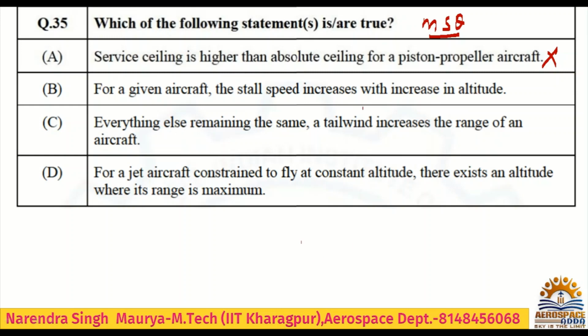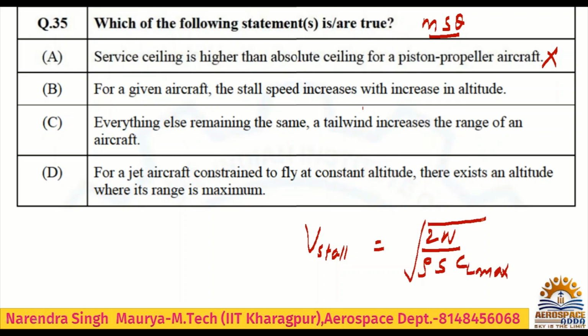Yes, what is the stall speed? I told you it is the minimum speed, 2W divided by rho S into C_L max. Okay, this is the stall speed. C_L max is constant data, W weight is constant data, S is the planform area of the wing, constant data, or you can say wing loading, W by S, is constant data.